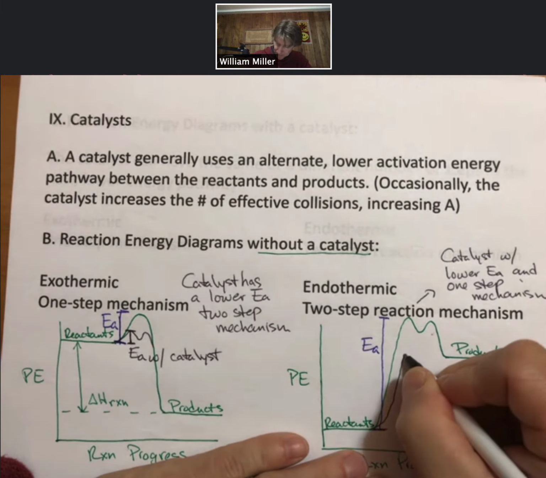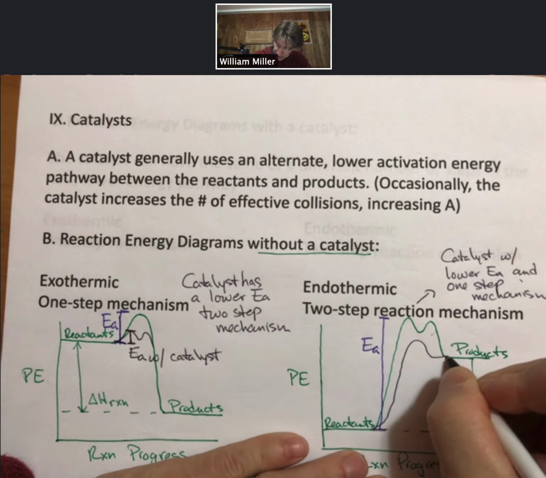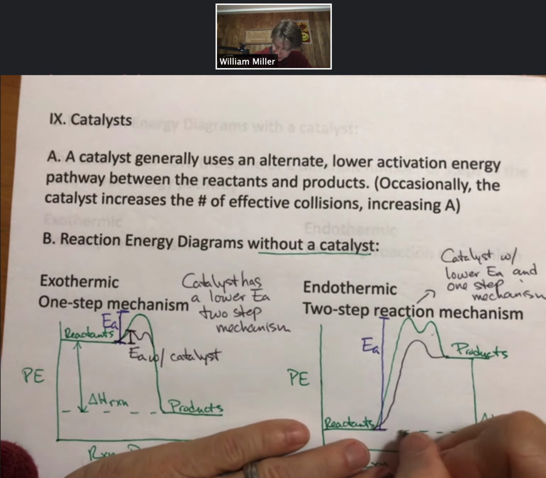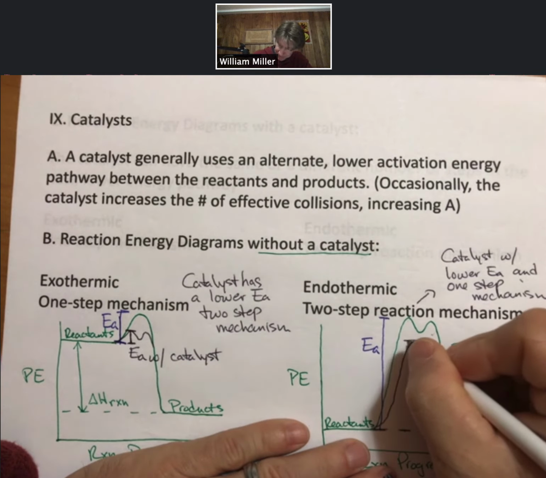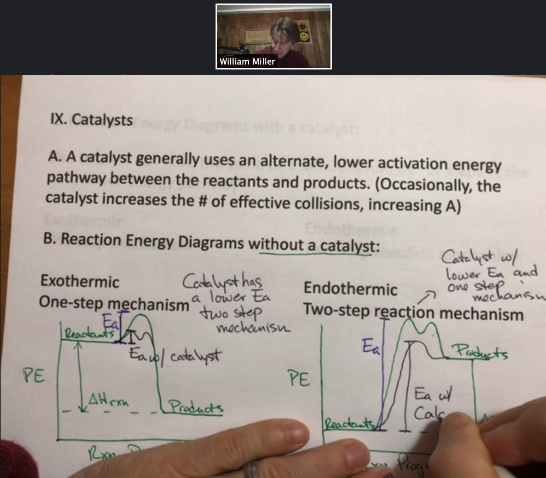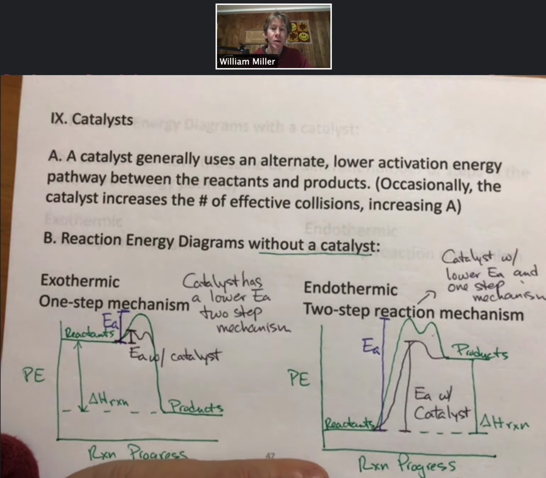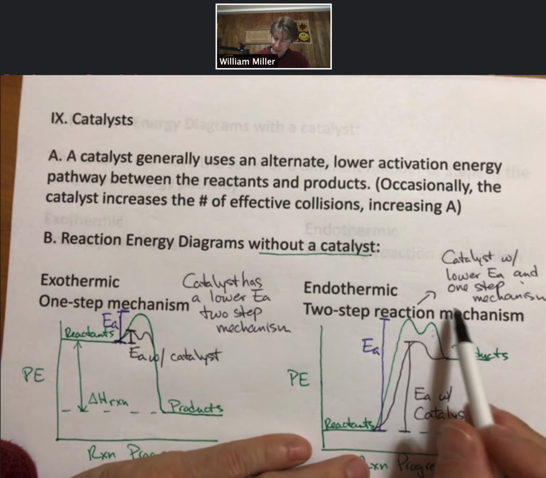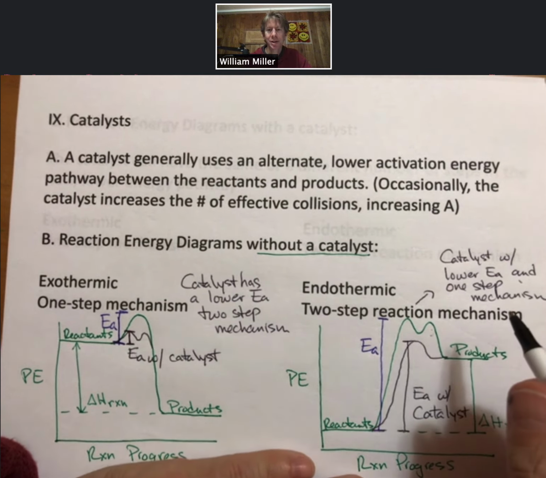It comes up, lower energy, one hump, goes straight to products. And our activation energy here with the catalyst is always from reactants to the hump there. And it gets more complicated because the second hump could be higher, but we won't talk about that.